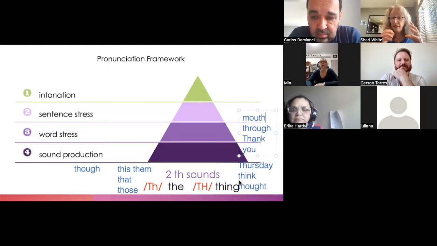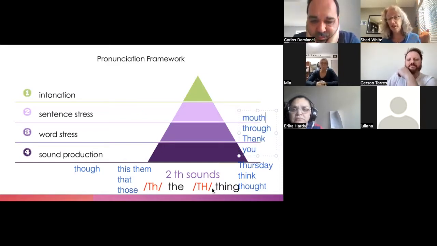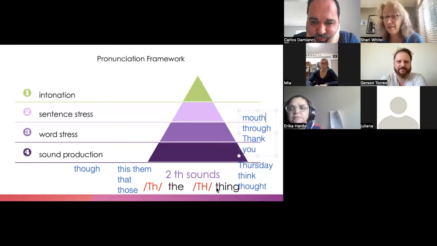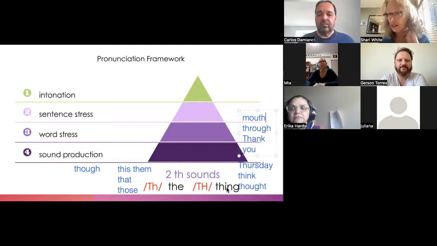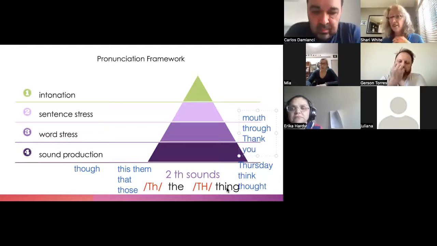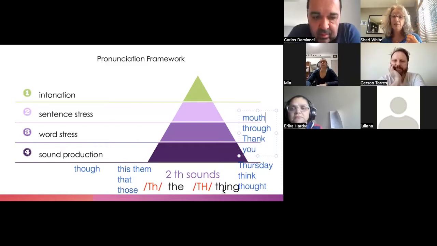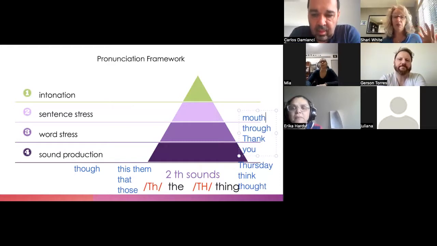They're actually made exactly the same way. But usually the second one is harder because you have to do all of those things: mouth, voice, tongue, and breath. They're called sister sounds in linguistics because they're made exactly the same way. The difference is breath. Now, your problem with both these sounds has to do with your tongue position. That's why you have trouble with this, because you don't put your tongue in the right place.